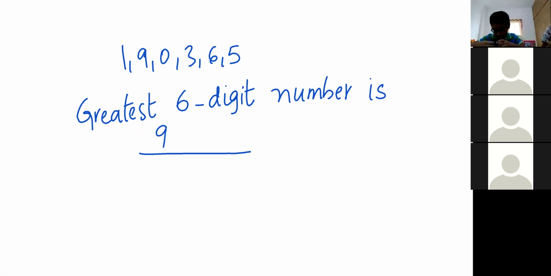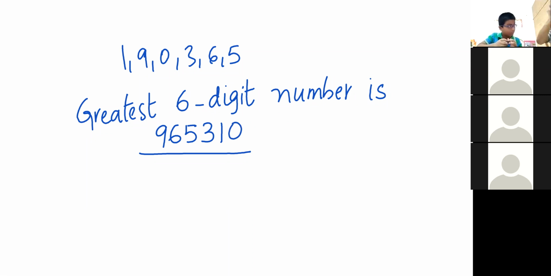Next greater number is what? 6. Next greater number is what? 5. Next greater number is what? 3. Next greater number is 1. At last we remained with 0 here.